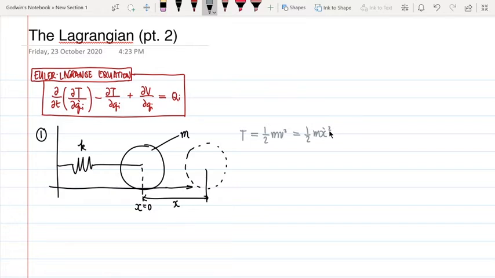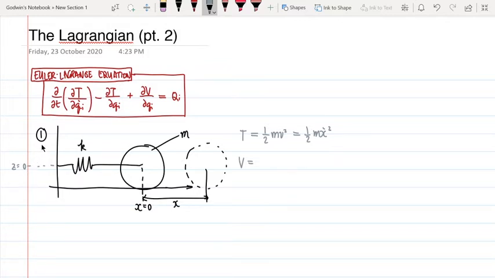So x dot, that's just the time derivative of position, right? So this is our T. And now for our V, since it's just rolling on the ground, it's not changing height, we have no mgh, right? Let's assume that this is z equals 0. So at this point, we have no height. So mgh, our h is 0, so that's 0, right?